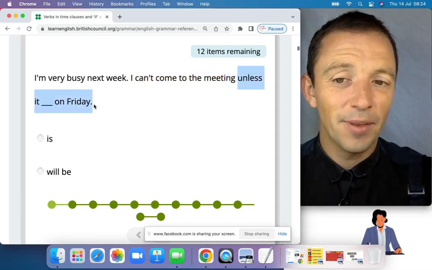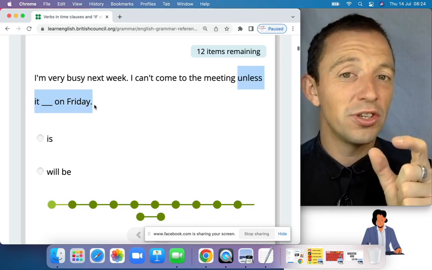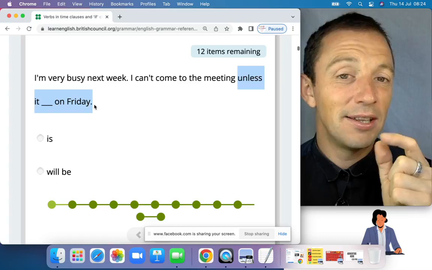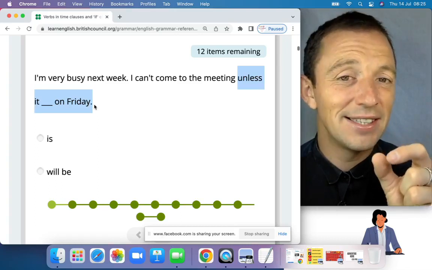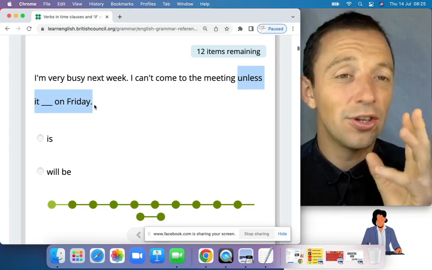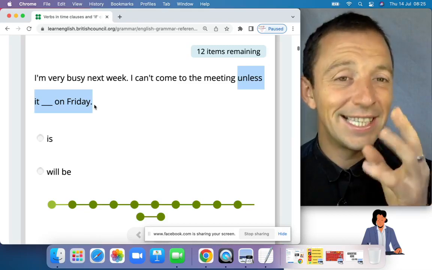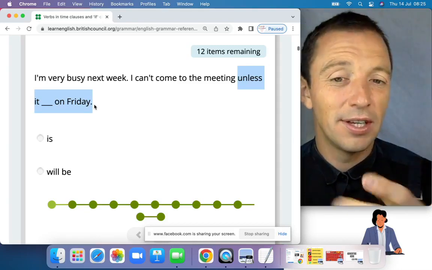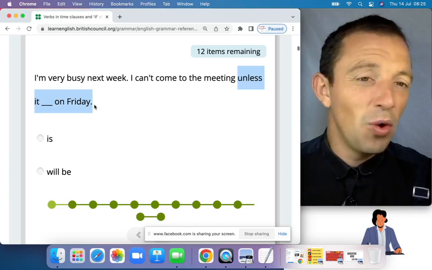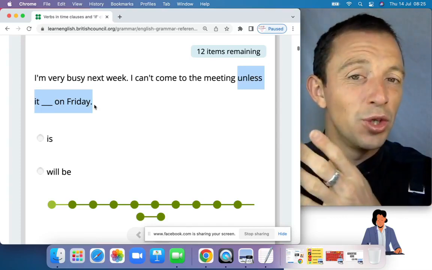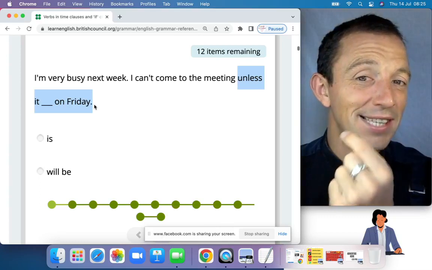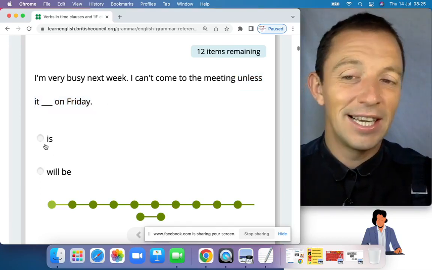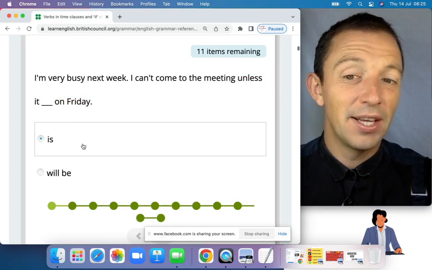Unless is the conditional clause, and unless is typical. The verb is in the present tense to express the future normally, except when you want to express willing and want. So there's no willing and there's no want here. So I think the first rule continues: the present tense to express the future. Unless it will be or it is on Friday. So this is a good example.